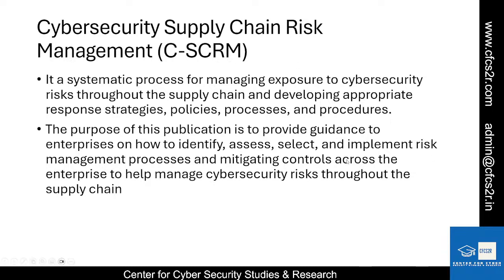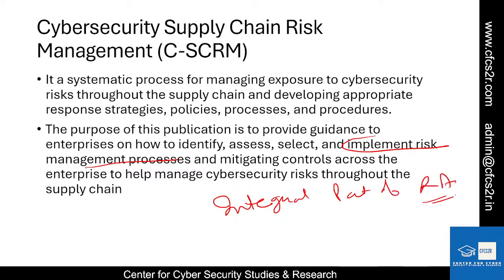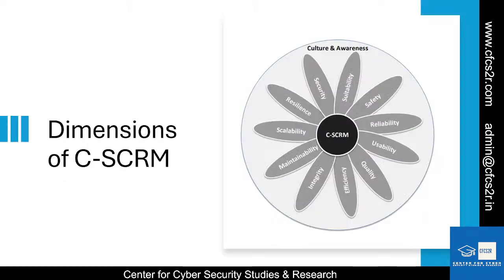So basically, we have to create the risk management processes, and we have to implement them as an integral part of risk assessment. Okay, so adding into the integral part of risk assessment is a very important part.